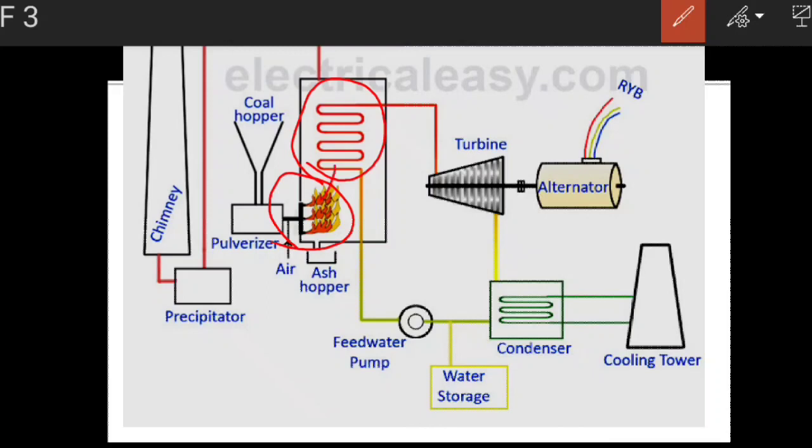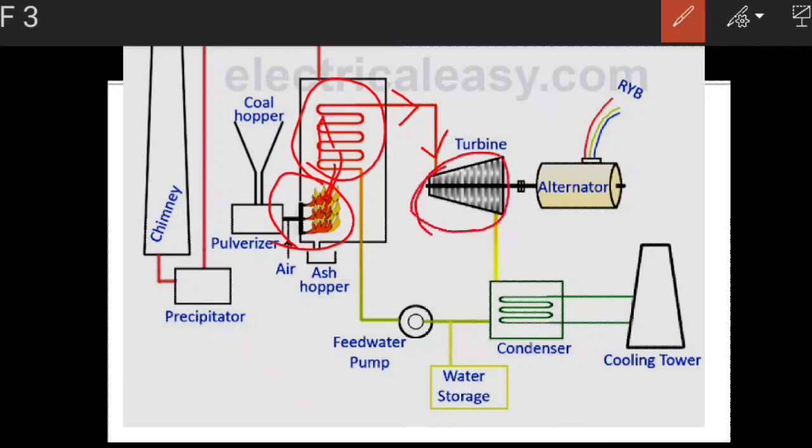Because of the heating of these water tubes, the water inside the tubes gets heated and converted into vapor. Then this hot, high pressure vapor is transferred towards the turbine.